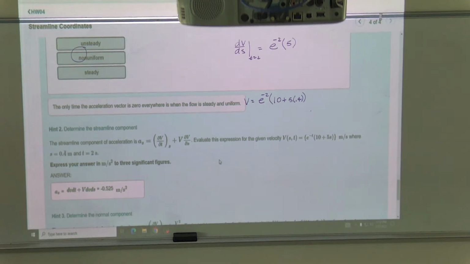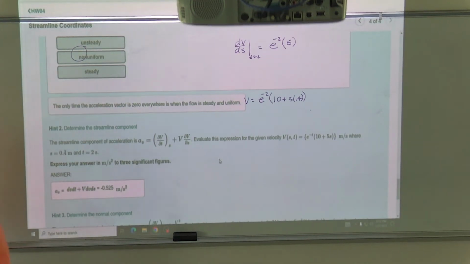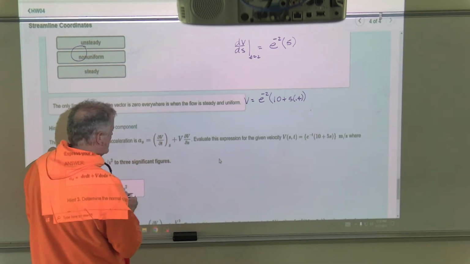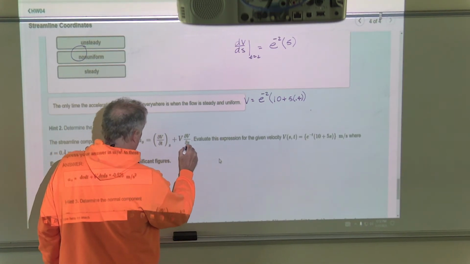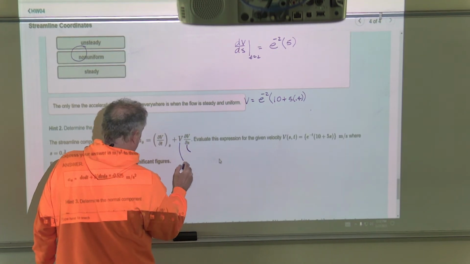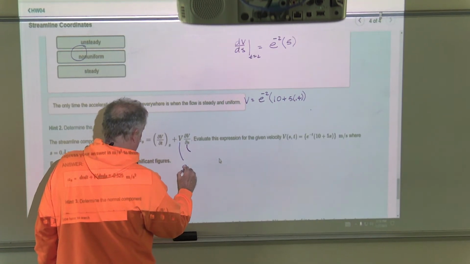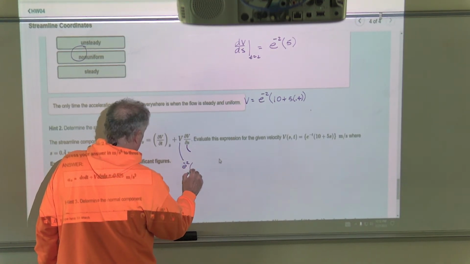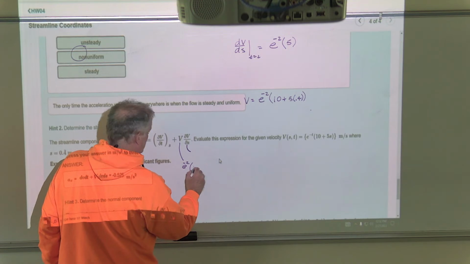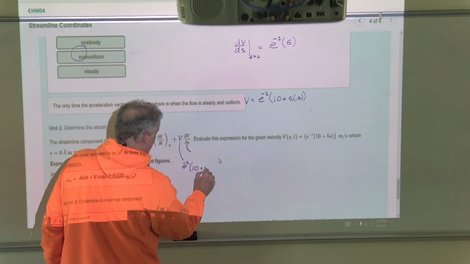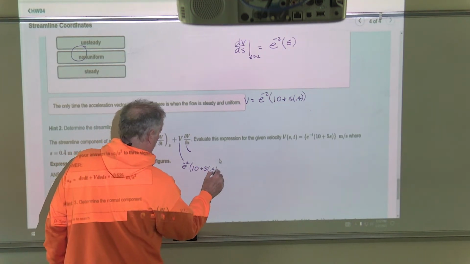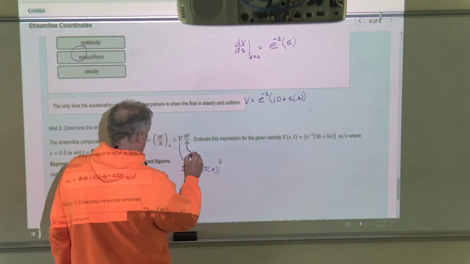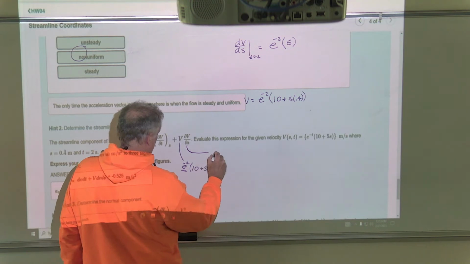So what you get, okay, so you got the change in, okay, so this and this velocity became e to the minus 2 seconds times, what was it, 10 plus 5 times 0.4. I don't know what that number is. This became the derivative with respect to time, which was 5.